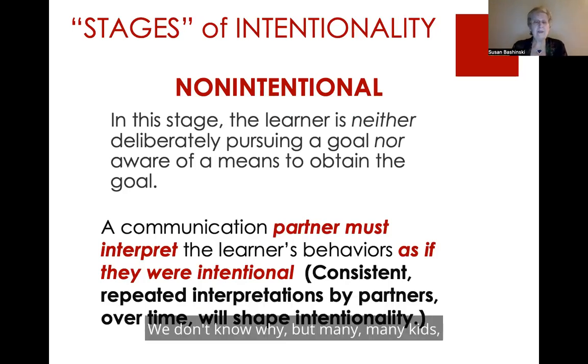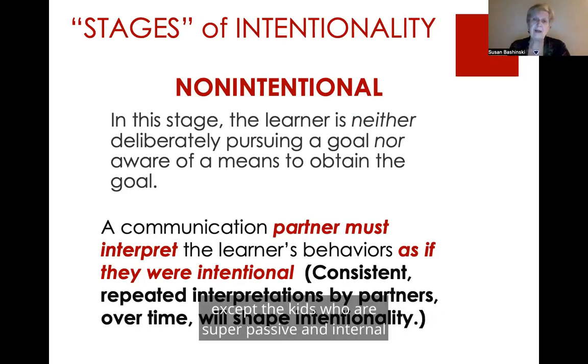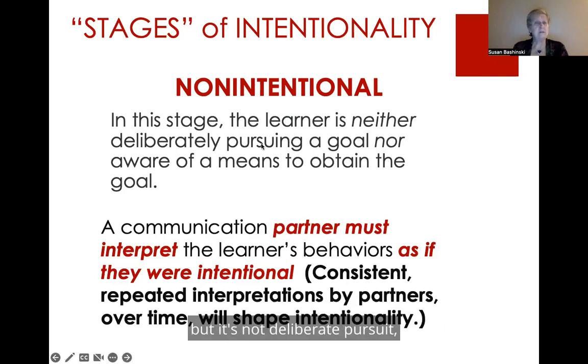We don't know why, but many kids, except the kids who are super passive and internal, and we have to get them out to join us in the world, they do things, all right? So we're going to pick up on the things they do, but it's not deliberately pursuing a goal or how to get the goal.